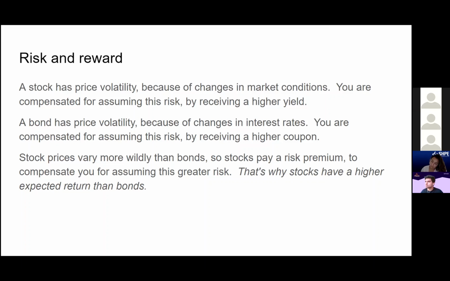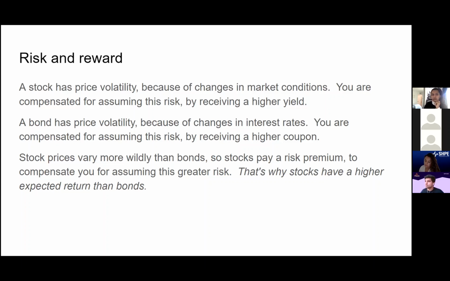It's a contract to say we'll pay you this much money every 6 months. Since stock prices vary more wildly than bonds, I wouldn't accept 4% as a return from a stock if I could get a bond for 4%.